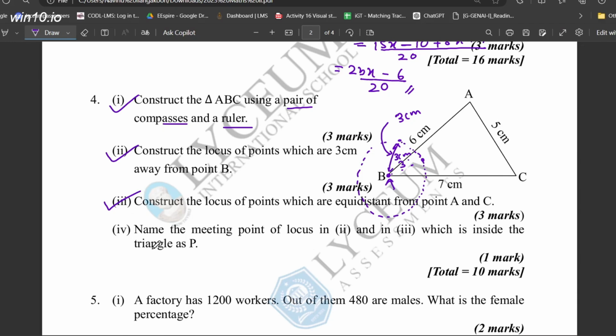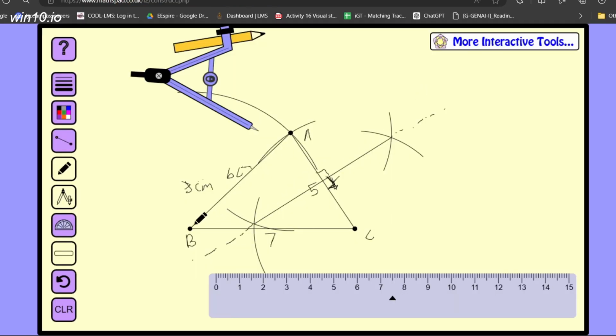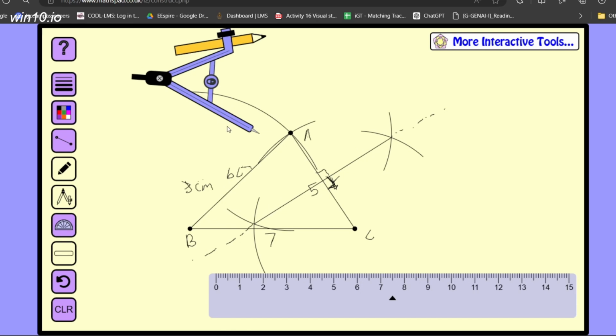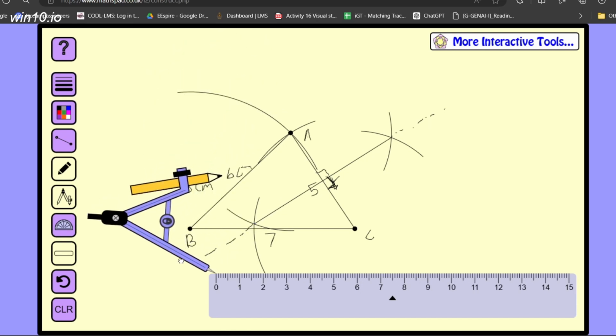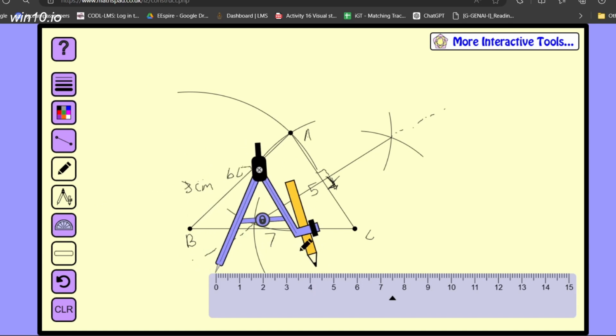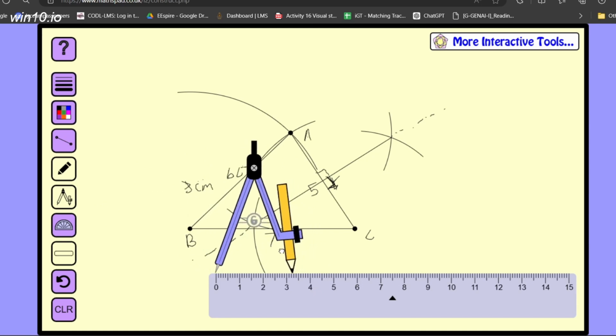Now, fourth one, name the meeting point of locus in 2 and 3 which is inside the triangle as P. 2 and 3 meeting point inside the triangle. Okay, I have erased that circle. So I have drawn it again. See 3 centimeters.